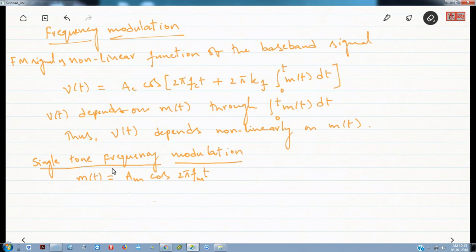Okay. So we know that now we are trying to do modulation with a single tone. So m of t is A_m cos 2 pi f_m t, right?